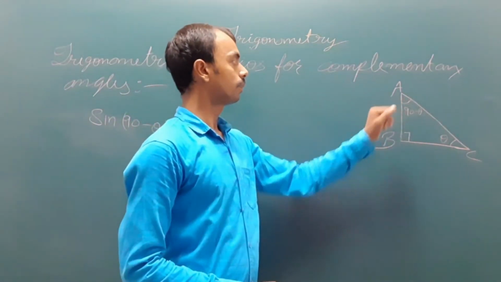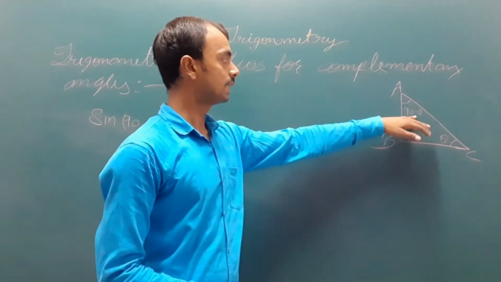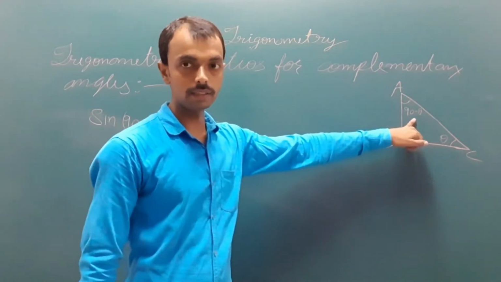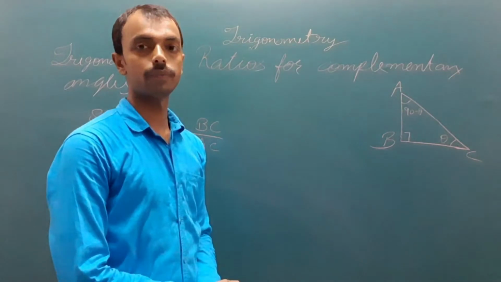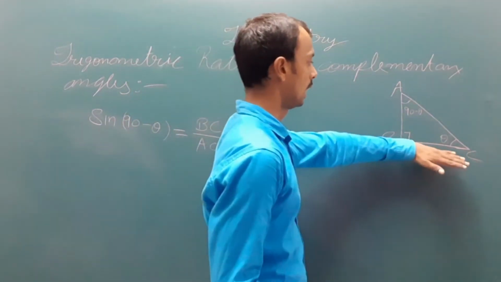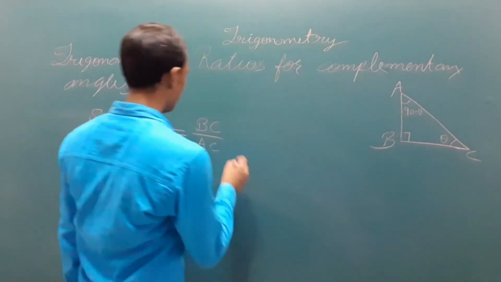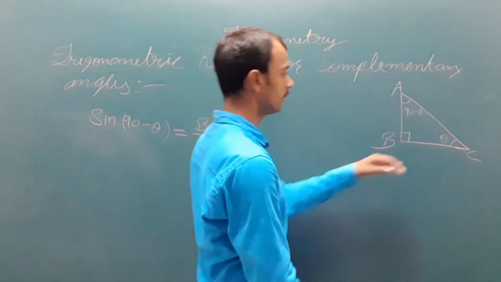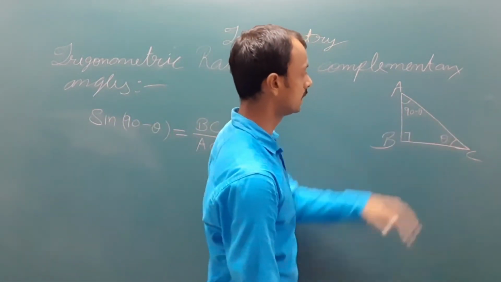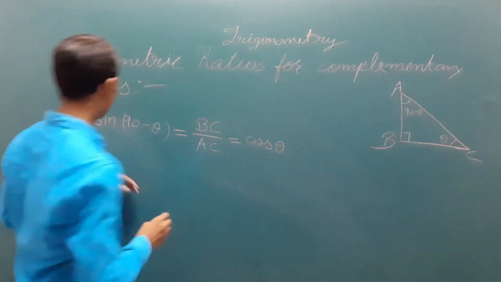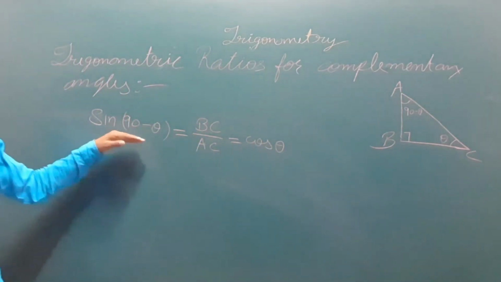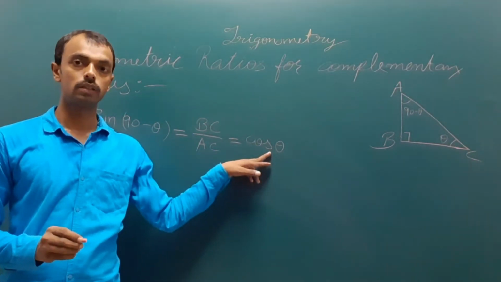Now BC is the opposite side of 90 minus theta, but BC is also the adjacent side of theta. So if I take cos theta, I get BC upon AC. So sin 90 minus theta is equal to cos theta.